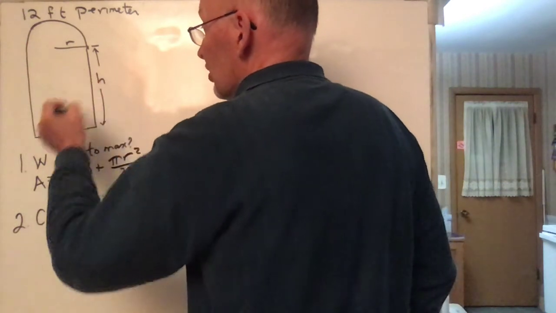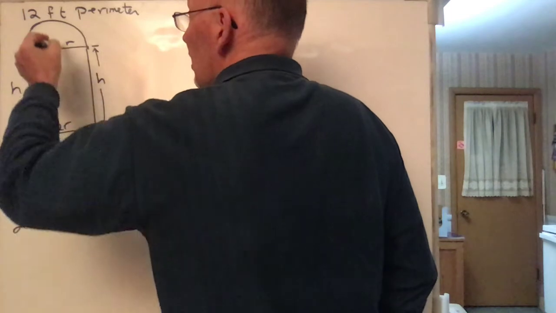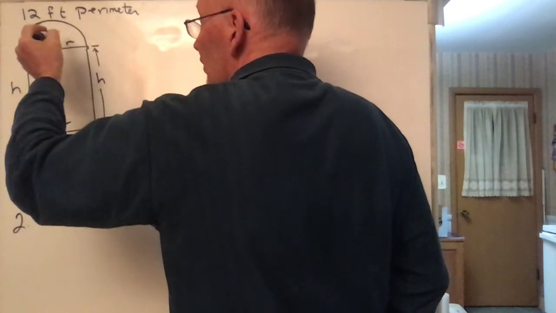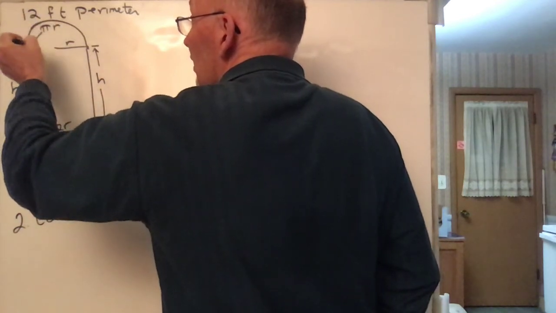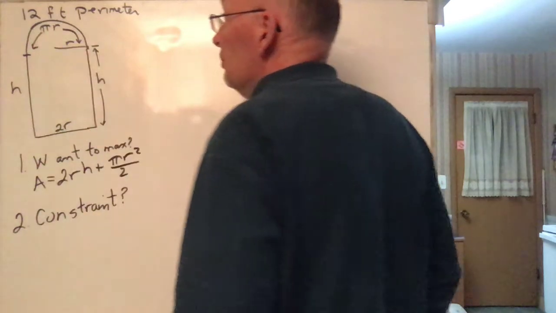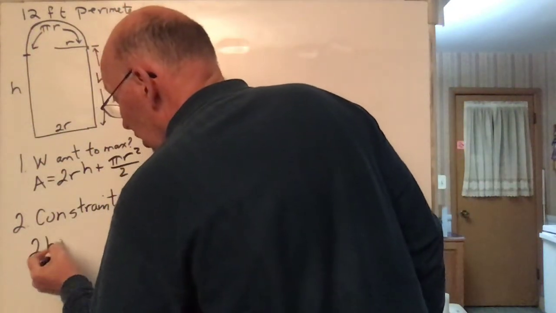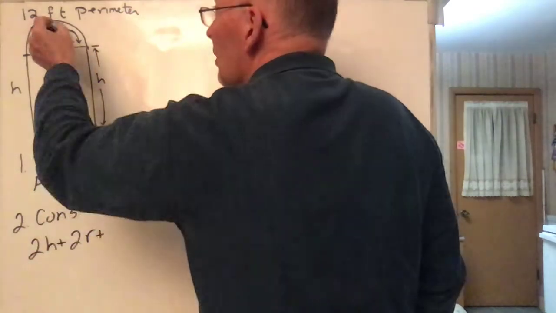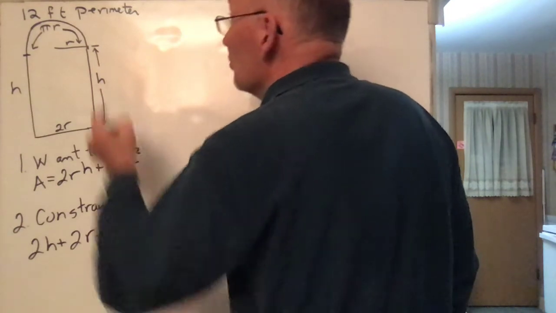We have h plus 2r plus another h. And as I just said, the circumference of a circle is 2 pi r, so this is going to be just pi r for half of the circle there. Agreed? So let's go 2h plus 2r plus pi r. All that together has to add up to 12.